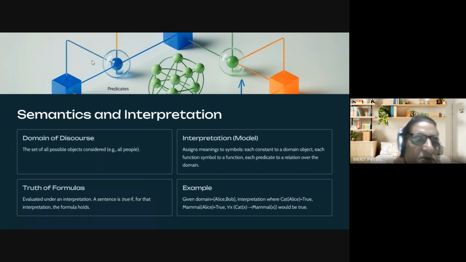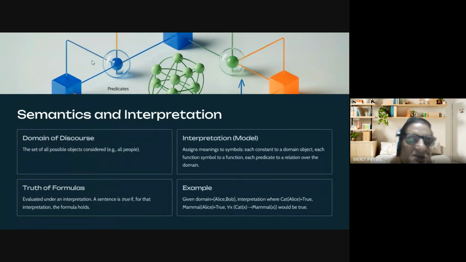Domain of discourse, the set of all possible objects considered, for example, all people. Interpretation assigns meaning to symbols: each constant to a domain object, each function symbol to a function, each predicate to a relation over the domain. ट्रूथ ऑफ फार्मूला, जो ट्रूथ टेबल बनाते हैं इसमें वो आपको दिखेगा, evaluated under an interpretation.